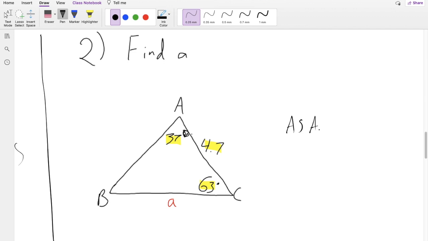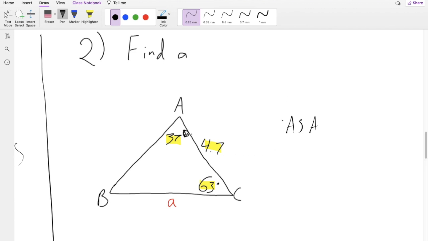The thing with the law of sine is I need to have a completed ratio to begin with. That means I need to know the angle and the opposite side of any of these. Currently I don't have that. This 37 degrees is opposite the side I'm solving for. This 63 degrees is opposite to a blank. And then this angle B is unknown, and we have its opposite side though.